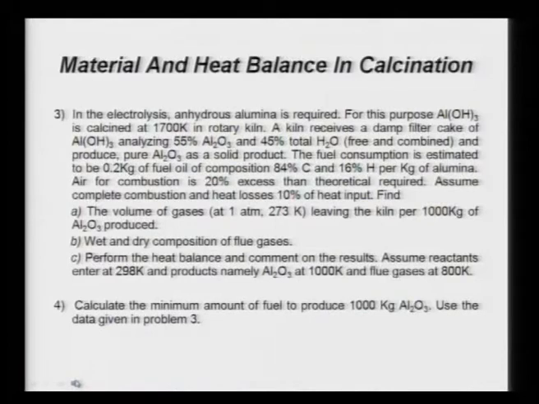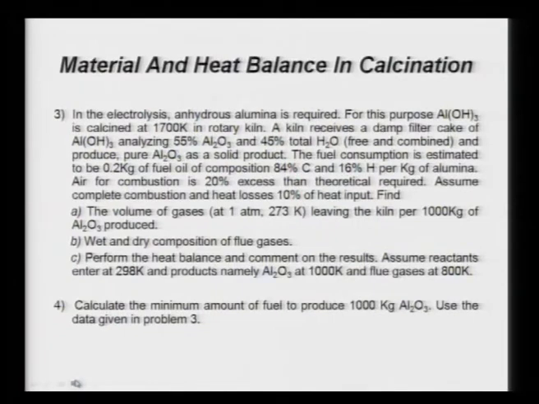For this purpose, Al(OH)3 is calcined at 1700 Kelvin in a rotary kiln. A kiln receives a damp filter cake of Al(OH)3 analyzing 55% Al2O3 and 45% total H2O, free and combined, of which the proportion of combined water is very high, and produces pure Al2O3 as a solid product. The fuel consumption is estimated to be 0.2 kg of fuel oil of composition 84% carbon and 16% hydrogen per kg of alumina.